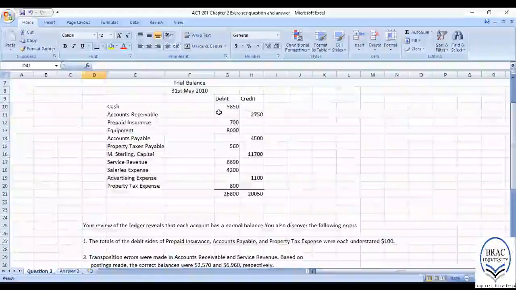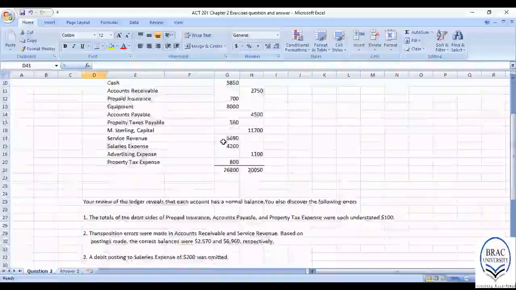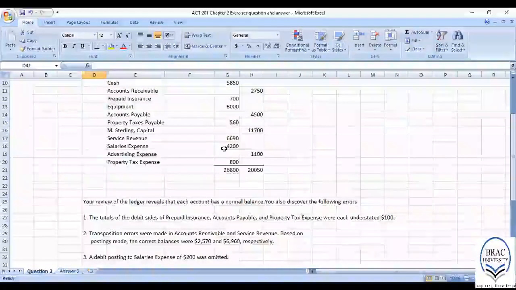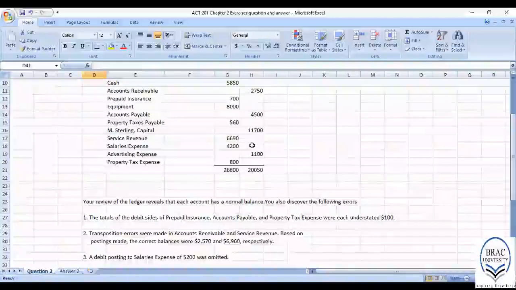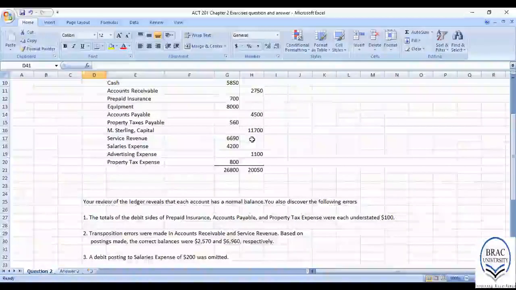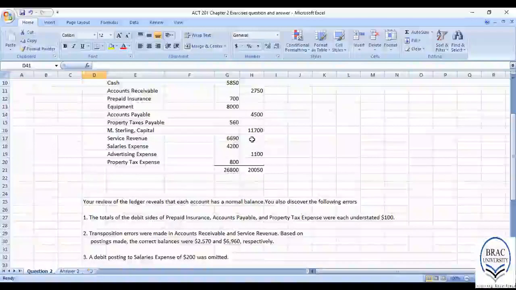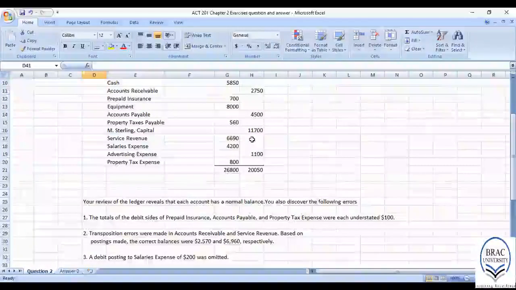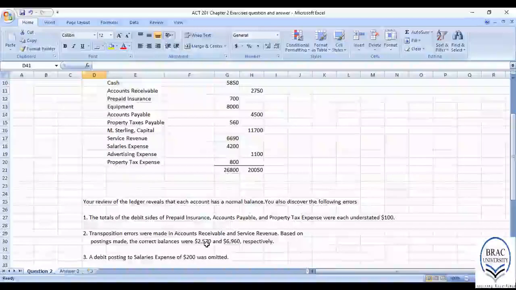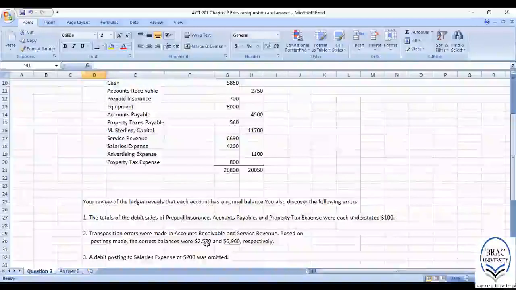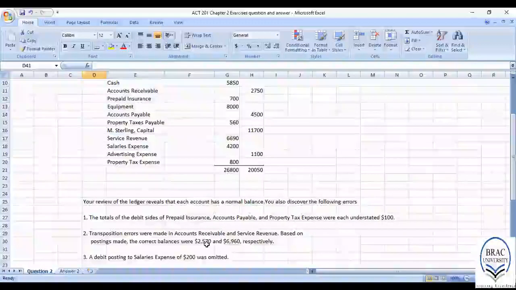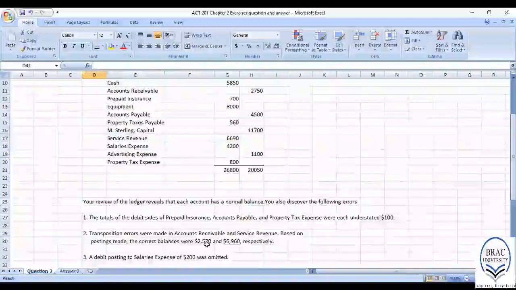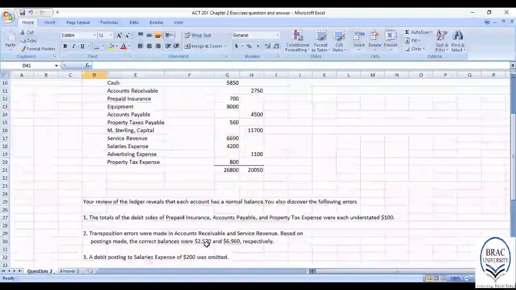It was supposed to be on the debit side. And service revenue is supposed to be on the credit side, but it is showing on the debit side. So we need to switch debit and credit for both accounts, and the amounts should be 2,570 for accounts receivable and 6,960 for service revenue. Let's put this information into our trial balance.